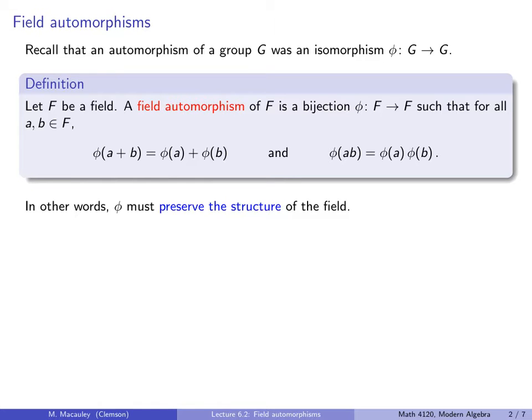Compare this to an automorphism of a group, which is a structure-preserving map from the group to itself. Now, if our group was written additively, then phi had to be a homomorphism, so it satisfied this condition, phi of A plus B equals phi of A plus phi of B. However, if the group was written multiplicatively, then it satisfied this condition, phi of AB equals phi of A times phi of B. Now a field is both an abelian group under addition and an abelian group under multiplication if we take out 0.